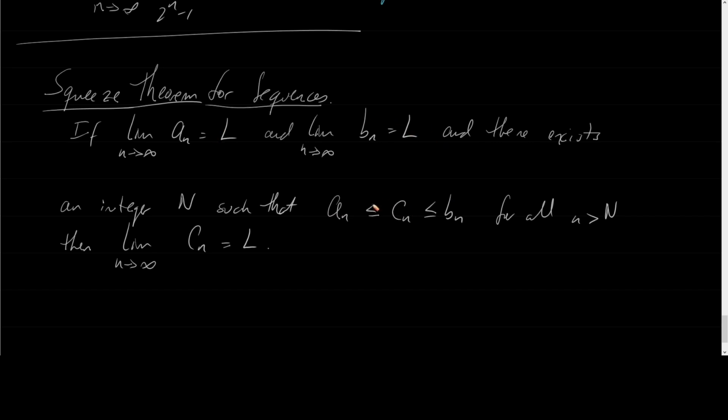So if after some value n, the entire sequence of c sub n is strictly between these two sequences, then the limit of this sequence c sub n is L, because the limit of the other sequences was also L. Alright, so that's the squeeze theorem for sequences.